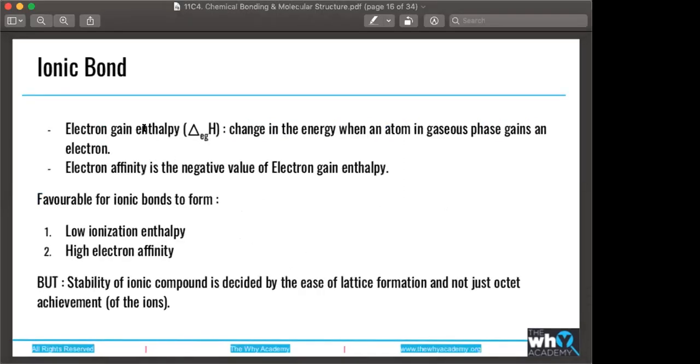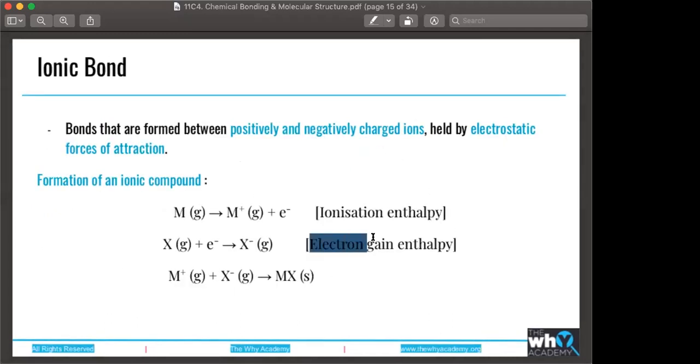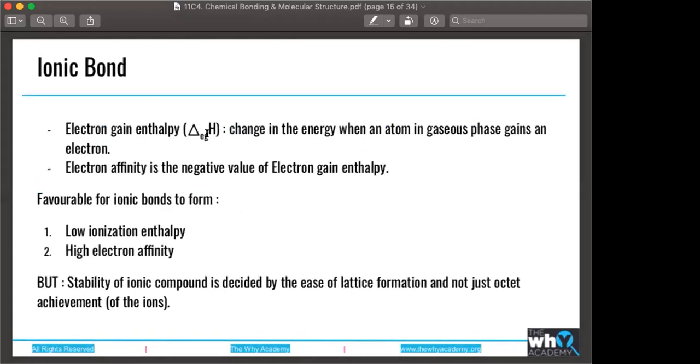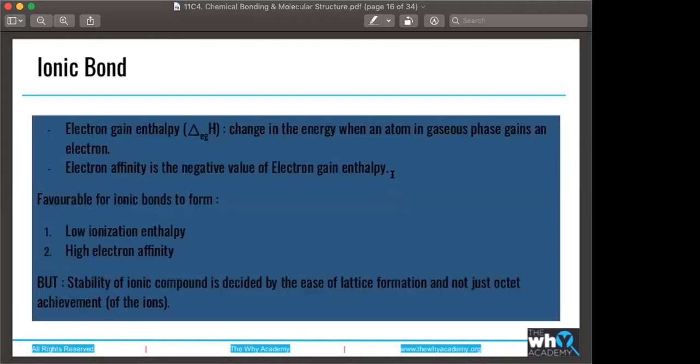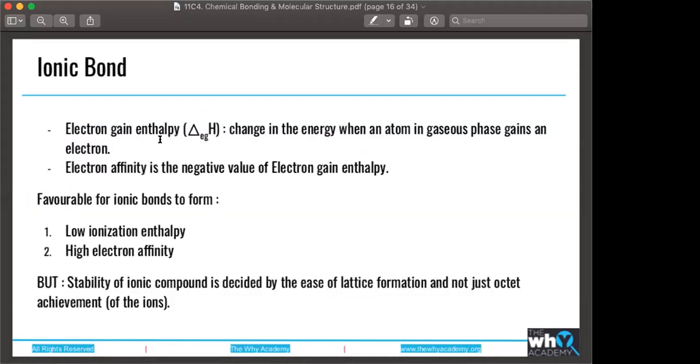Electron gain enthalpy, delta H eg, is the change in energy when an atom in the gaseous phase gains an electron. Electron affinity is the negative value of electron gain enthalpy. Put simply, electron gain enthalpy just tells you the change in energy. A negative value means energy is released; a positive value means energy is absorbed.